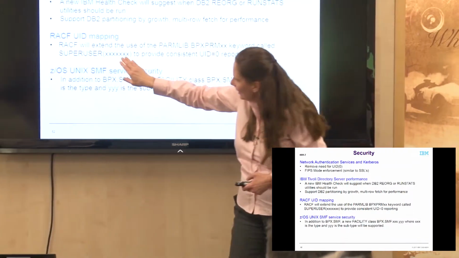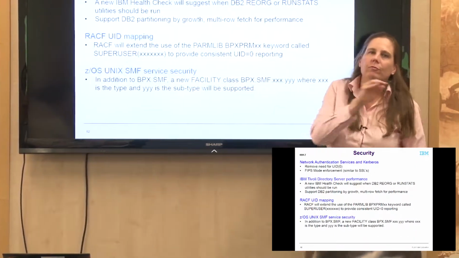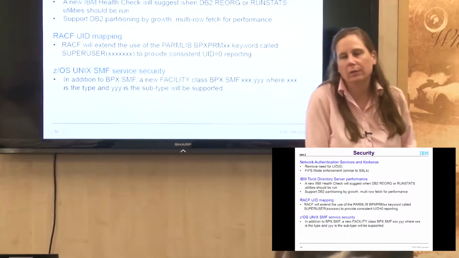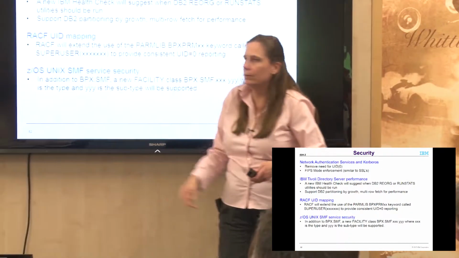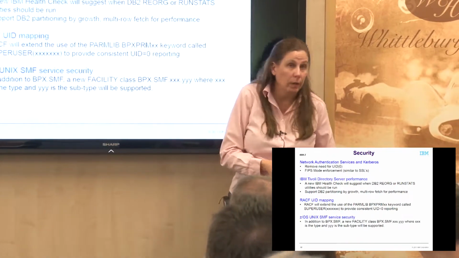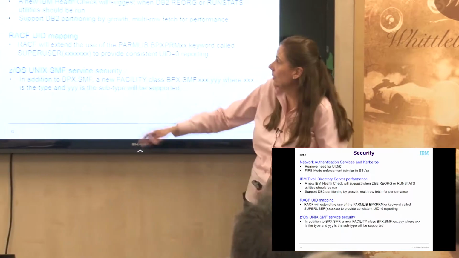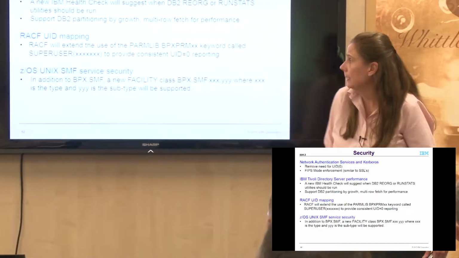We're going to now consistently report back what this user ID is as the owner of files when the owner of the file is UID 0. I could put Wally here, right? And so every time a UID 0 owned a file, I could report it back as Wally if I wanted. So it's got to be in BPXPRM with this existing statement. It has to be a valid user ID there.